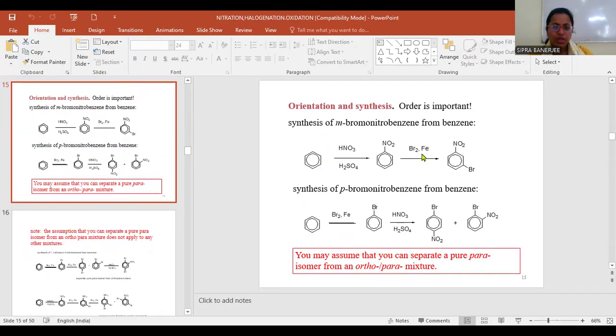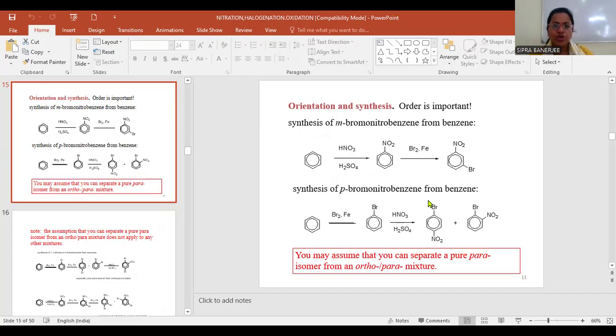Order is important. Synthesis of meta-bromonitrobenzene from benzene. So suppose how can you prepare it? Benzene ring, you have to nitrate it to nitrobenzene, then bromination gives bromonitrobenzene. So the nitro group is meta directing.